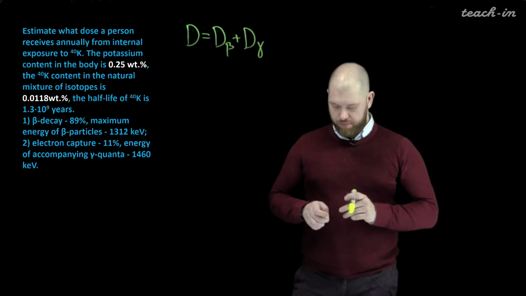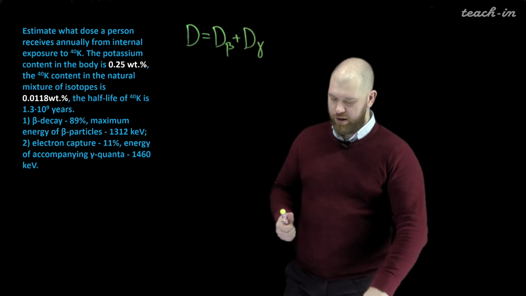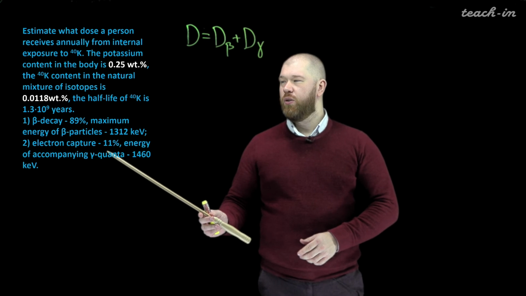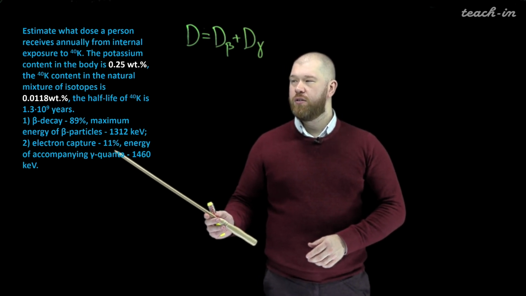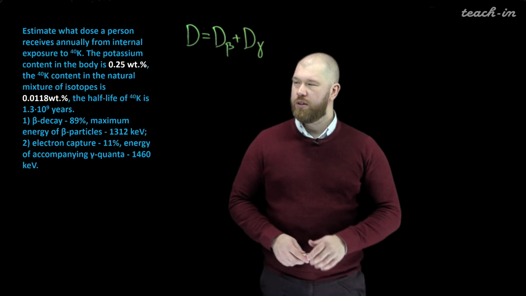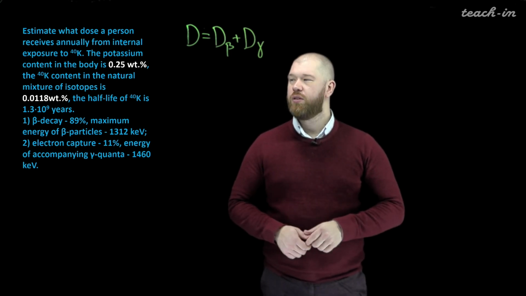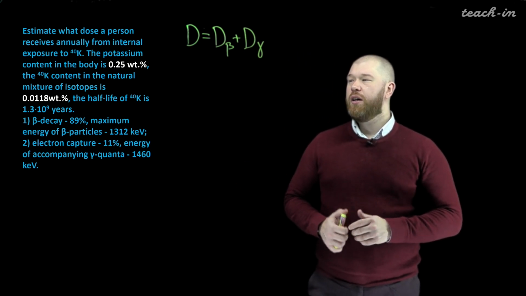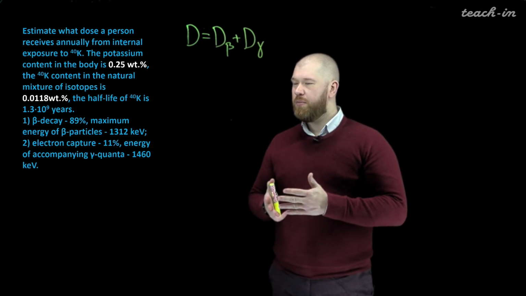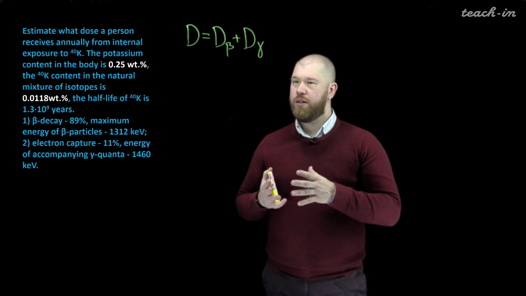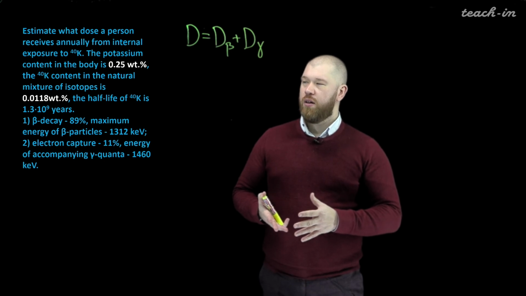Also, the probability, the amount of gamma quanta is relatively low. It's only 11% of all the decays. So only 11% will produce these gamma rays, and only part of this 11% will be absorbed by the human body.